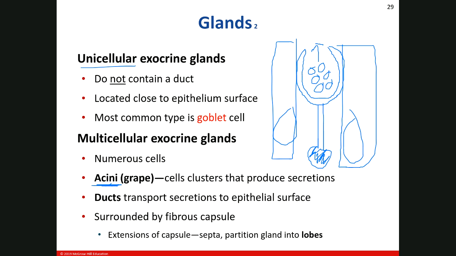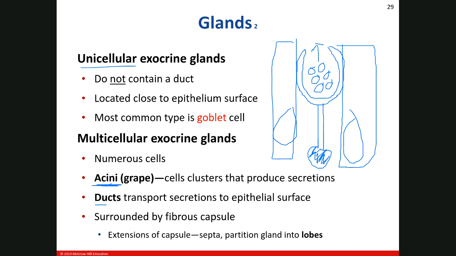And from the acini region, we have our tube structure, which is the duct, and that's going to transport the secretions to the surface of the epithelial tissue. If it's a sweat gland, it's going to lead that secretion onto the surface of your skin.